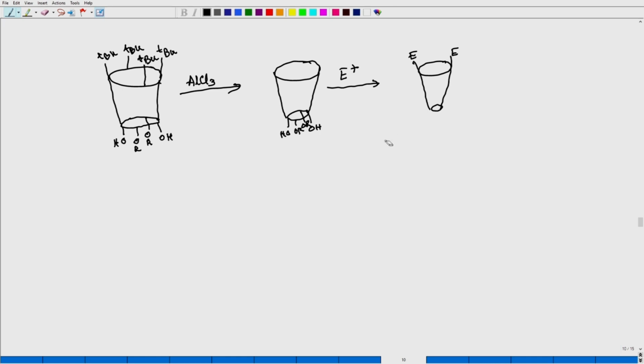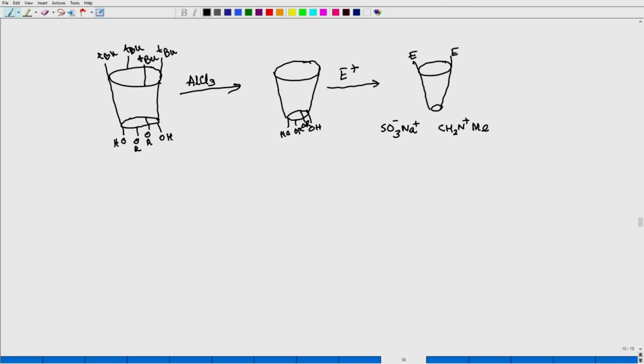Let me write it so I do not make any mistake. SO3Na, then N plus, Me, and so many other things. What will happen? That can make the upper rim also hydrophilic in nature.